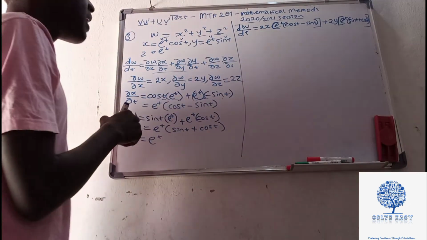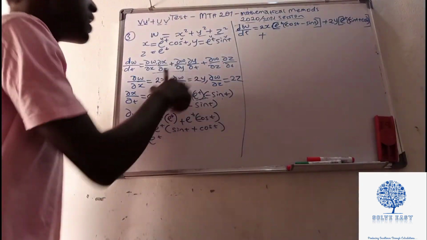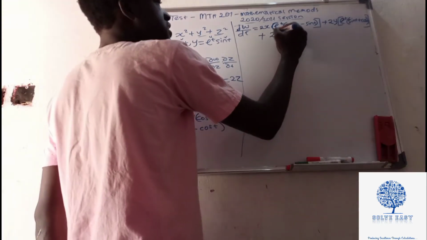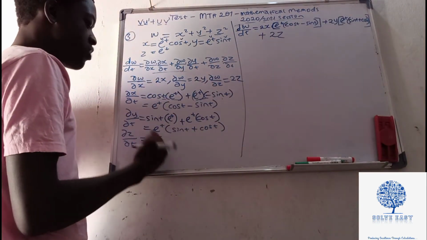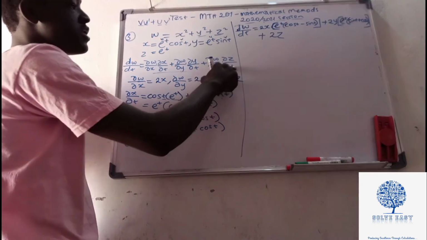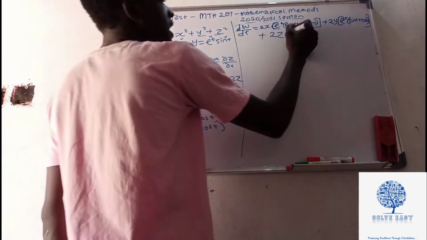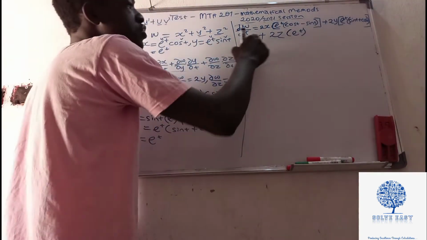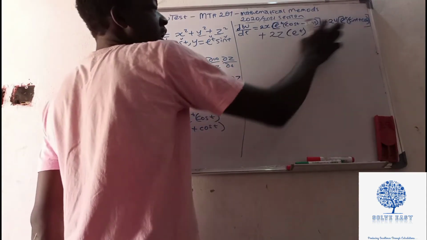Now let's write the other part, dw/dz, underneath. Our dw/dz gives us 2z, and then we also have our dz/dt, which is e^t. So we could take out e^t from here, here, and here.